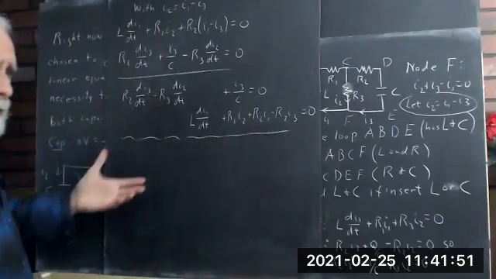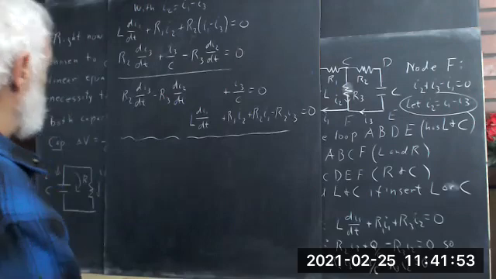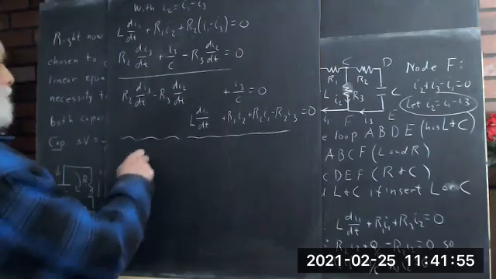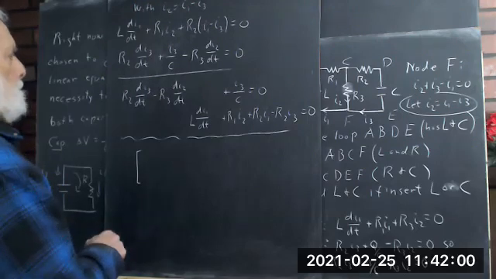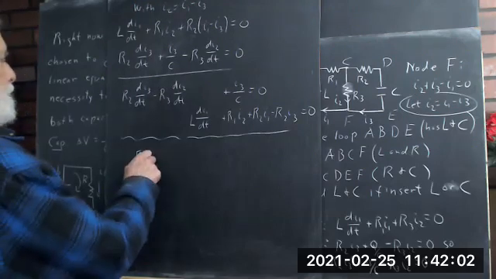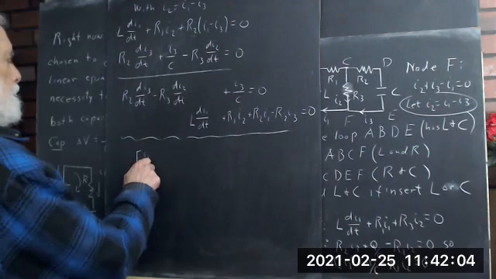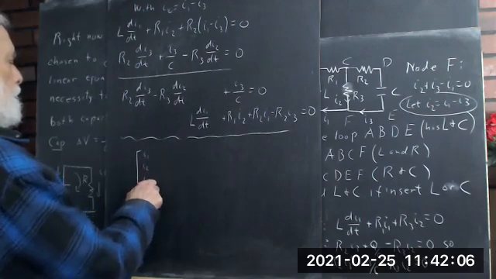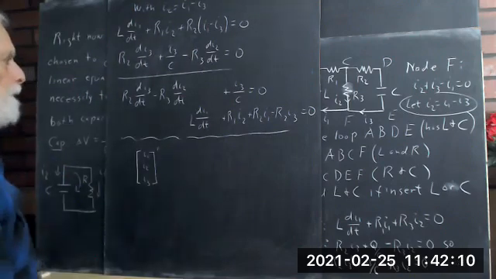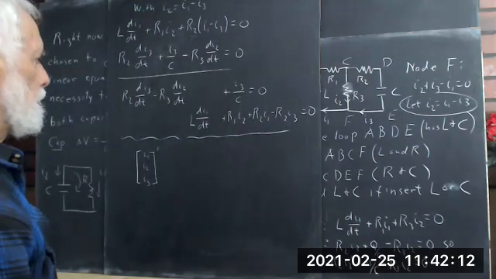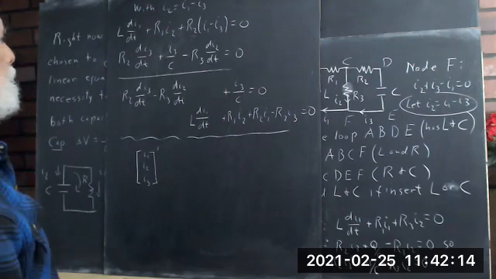We write them out as a matrix equation. The matrix equation could be written as, I shouldn't have an I3.